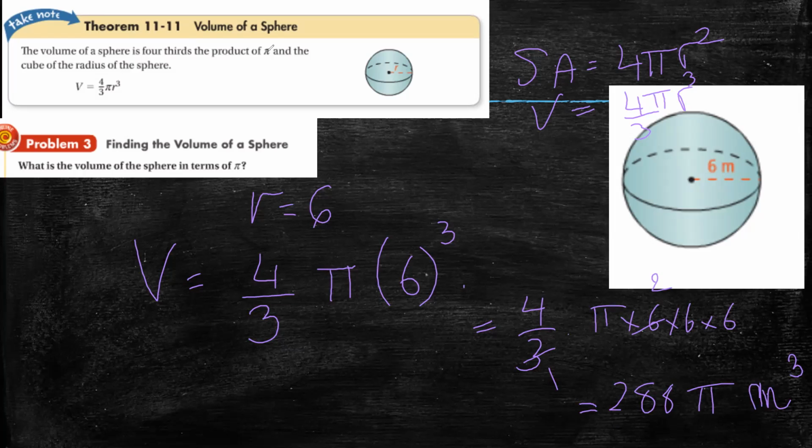This will be the volume of this sphere. Here I have the radius: the volume is 4 over 3 pi r cubed, the radius is 6, and evaluating, we find that the volume here is 288 pi cubic meters.